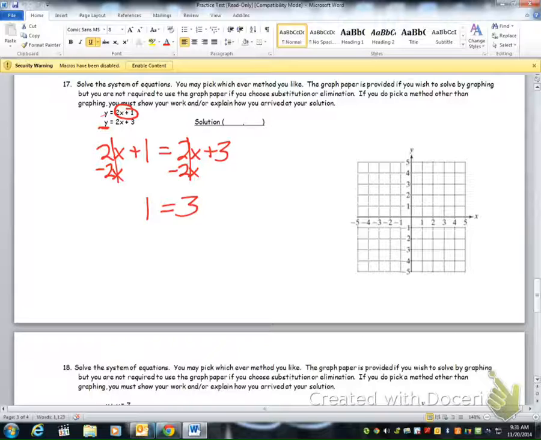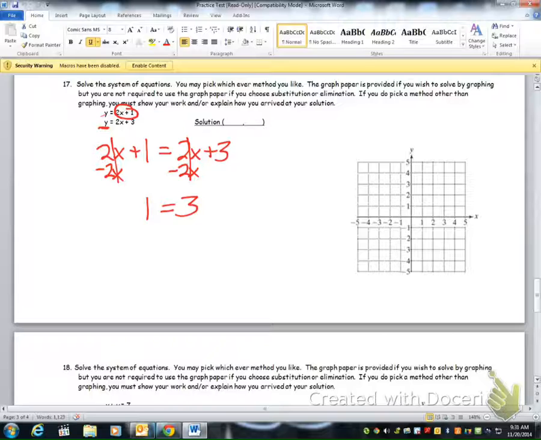Never, right? 1 does not equal 3. No matter what x is, 1 is never going to equal 3. Well, there's a very simple reason why. If y equals 2x plus 1 and y equals 2x plus 3, then whatever x is, 2x here is going to be the same as 2x there, which means 2x plus 1 and 2x plus 3 are always going to be different.